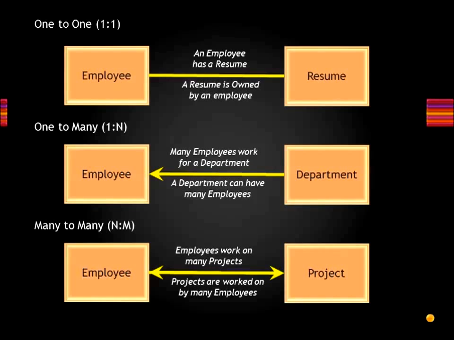For every record in the other table, you have multiple values in the first table. So in this example, multiple employees can work on every project, and every project is worked on by multiple employees. So the relationship here is many-to-many.